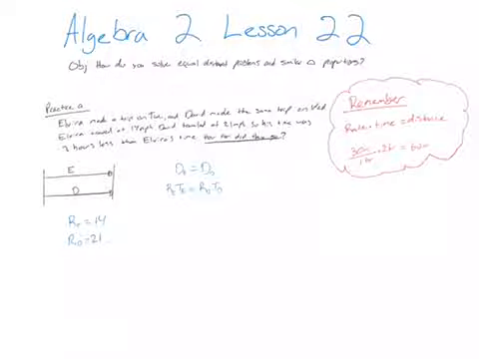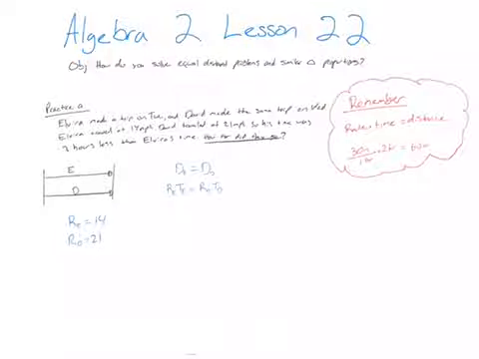So his time was 3 hours less. So we have a relation here between Elvira's time and David's time. So first of all, we know that Elvira's time is longer than David's time for two reasons. One, they told us it's less than, and for two, we know they went the same distance, but David traveled at a faster speed, so we know that it would take him less time.